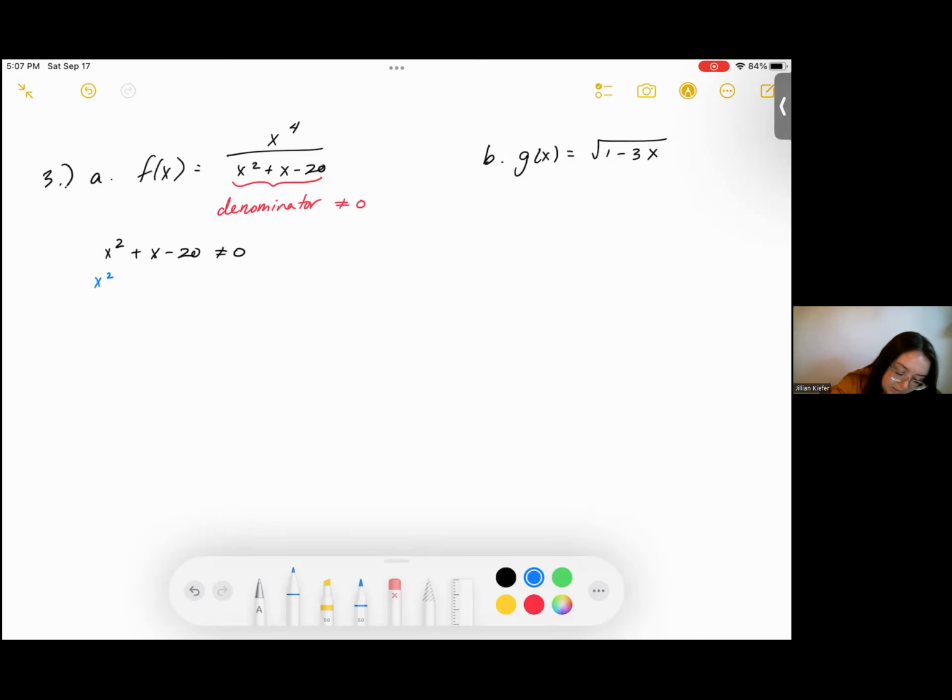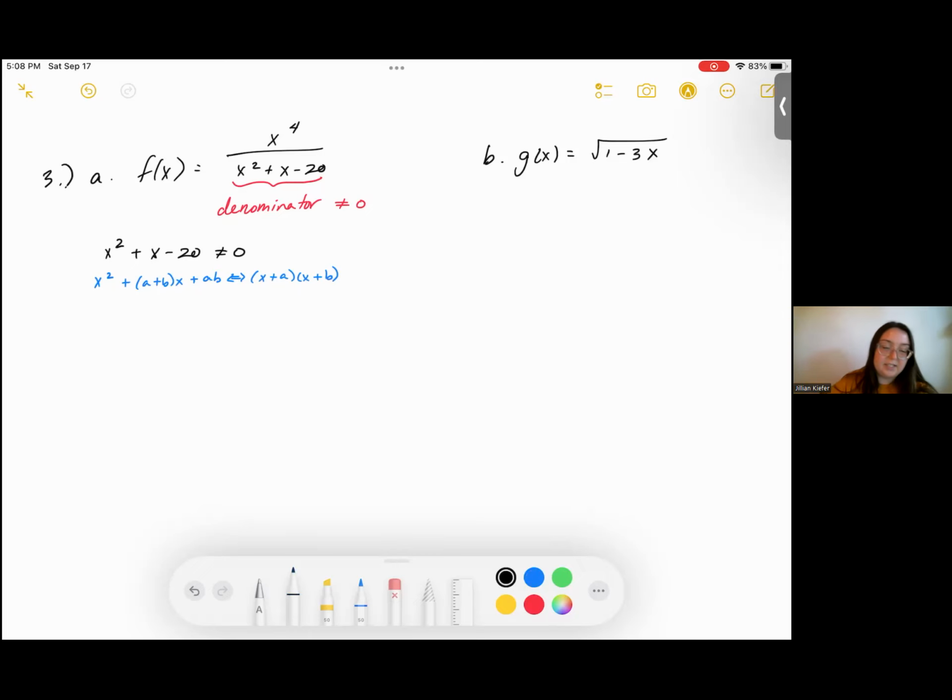So we would have x squared plus (a plus b)x plus a times b, and then not equal to 0. Its factored form would look like (x plus a) times (x plus b). In our case, the middle number is 1, so we want two numbers that add to 1 and multiply to negative 20. Then this will factor into x plus one number times x plus the other number.